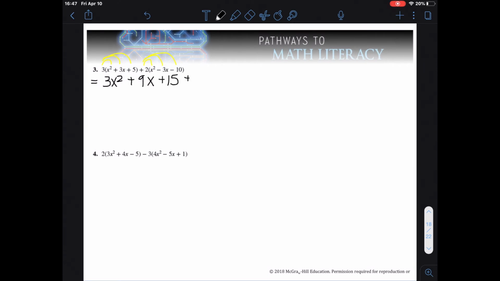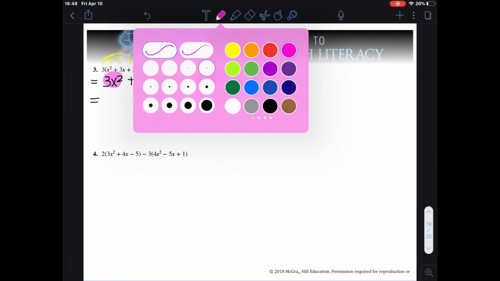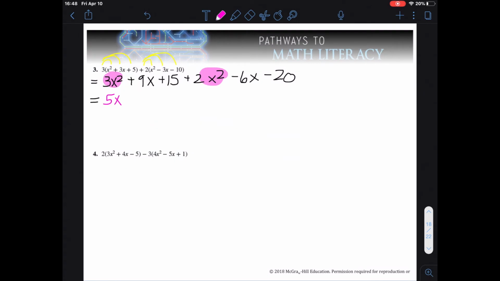And then we distribute a positive 2 out. So we get positive 2x squared. 2 times negative 3x is negative 6x. And then 2 times negative 10 is negative 20. Now we can combine our like pieces. We've got 3x squared plus 2 more. So in total, we have 5x squared terms.